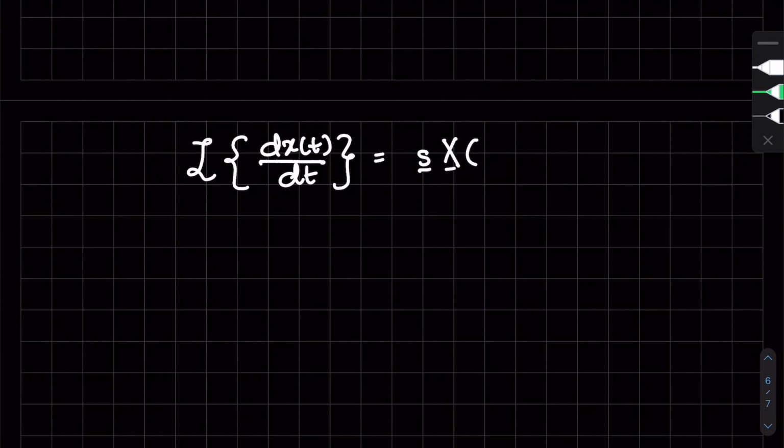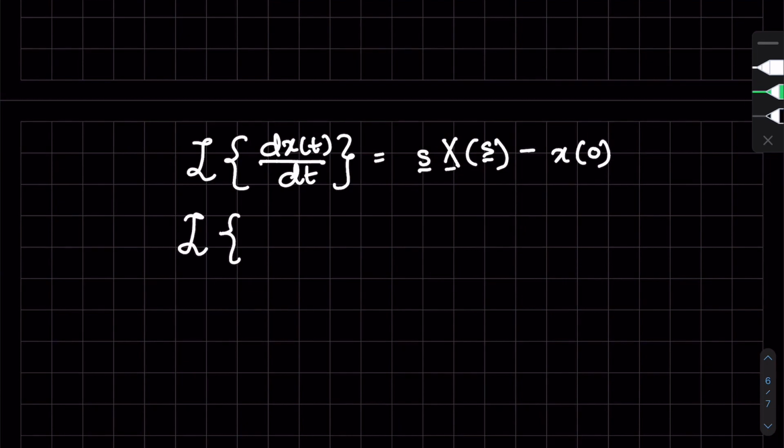Before going on to that, let me just remind you of the property. The Laplace transform of the first derivative of x with respect to t is going to be s times capital X of s minus x at 0.